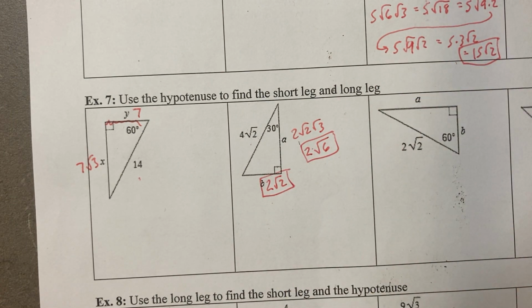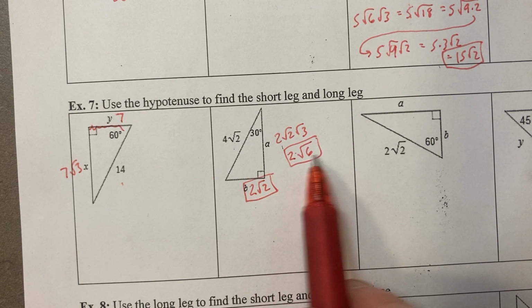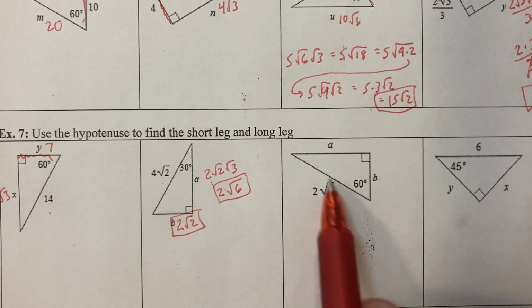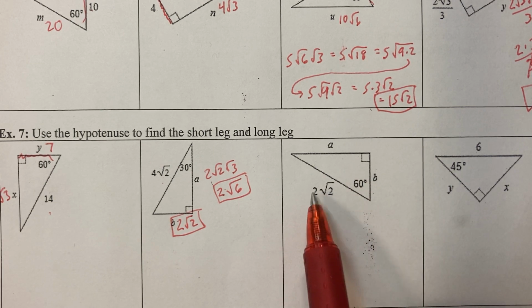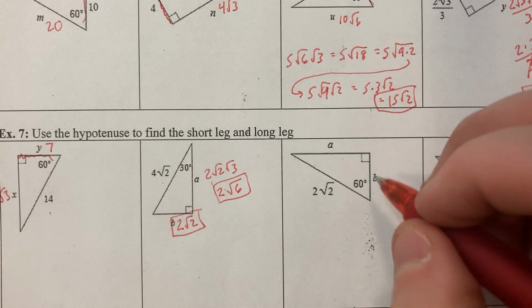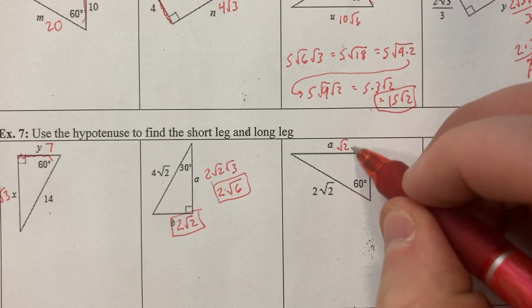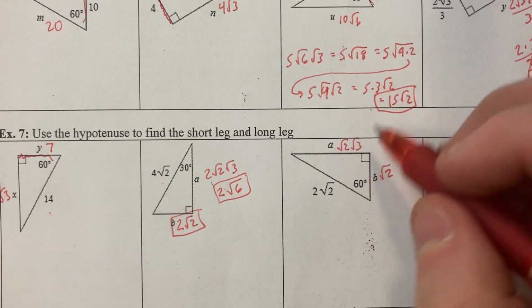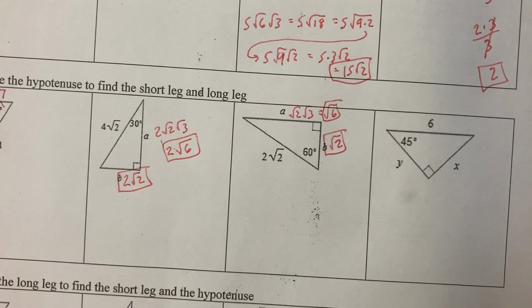You can put root 2 and root 3 together to make root 6. Those are my answers for that one. Okay, same idea here. Hypotenuse is double the short leg. So if this is 2 root 2's, then this is just 1 root 2. And this is root 2 root 3, which is root 6. Those are my answers for that one.